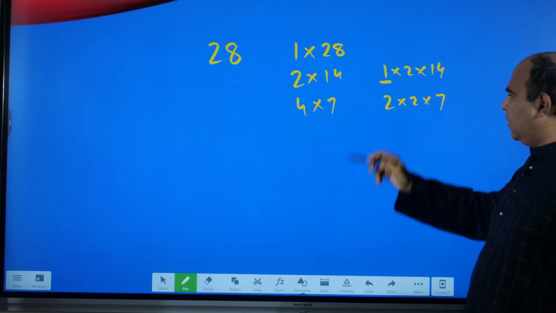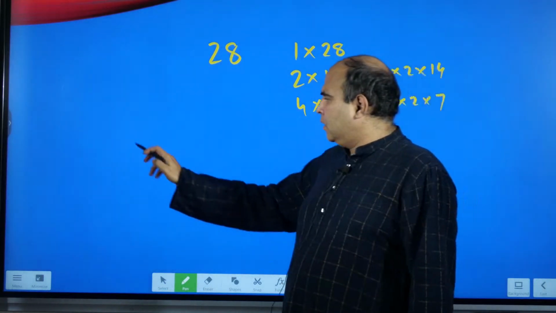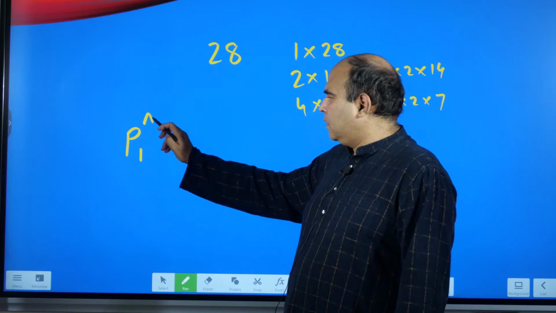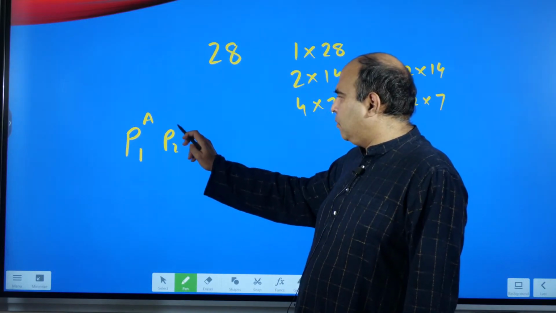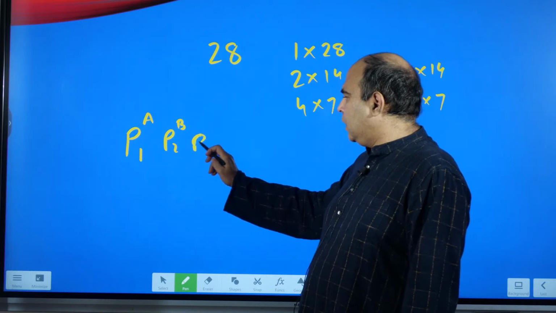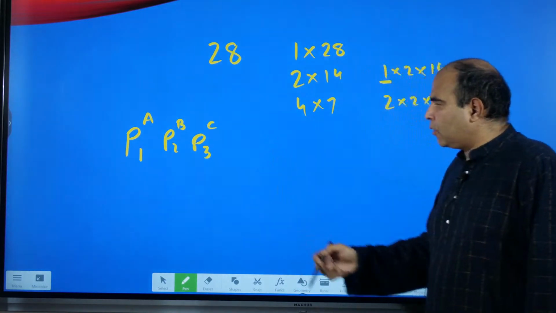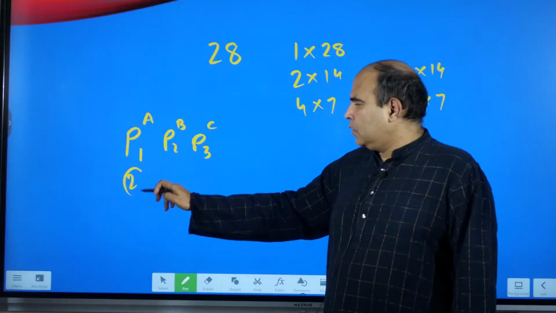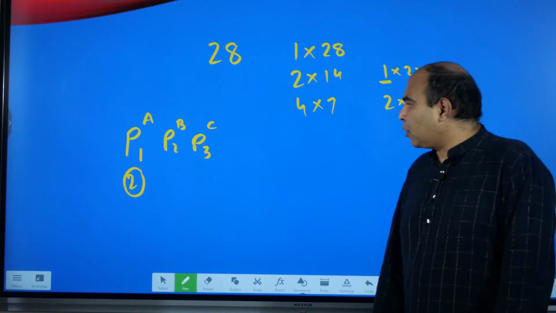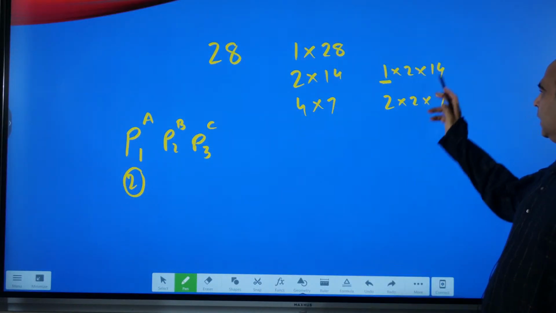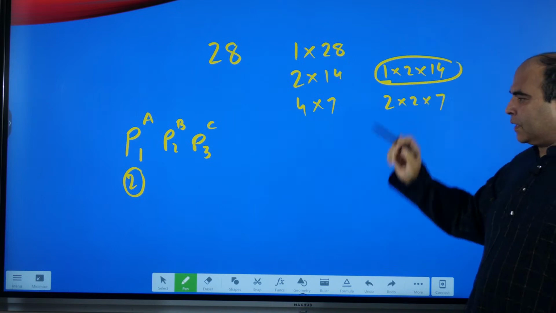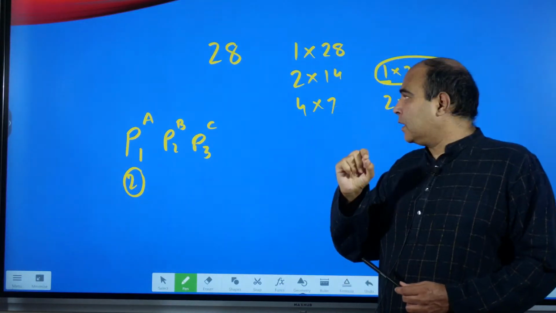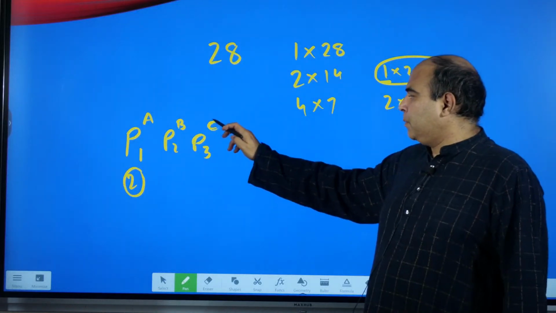But 1 would mean, if we are talking about a prime number p1 raised to a, p2 raised to b, p3 raised to c, and the number of factors of this being 28, and let's say p1 is the prime number 2, then this does not really include a third prime factor, because if one of the numbers is 1, then that means this would be 0.